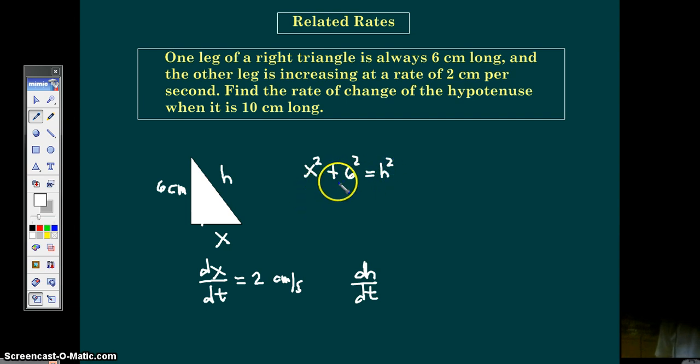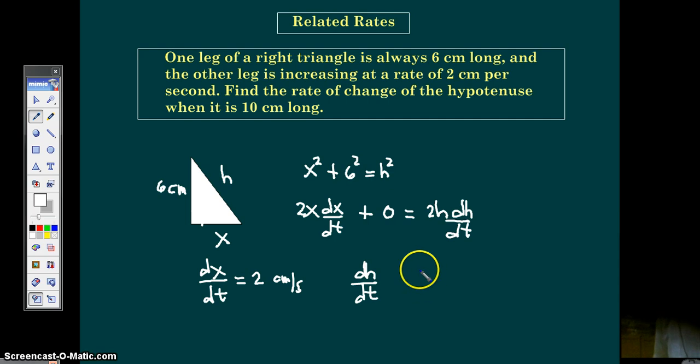Once we have the equation, the next thing to do is to differentiate all the variables involved implicitly with respect to time. Differentiating each term implicitly with respect to time, x squared will give 2x times dx over dt, plus 6 squared is a constant, so the derivative must be 0. And h squared, the derivative would be 2h times dh over dt.